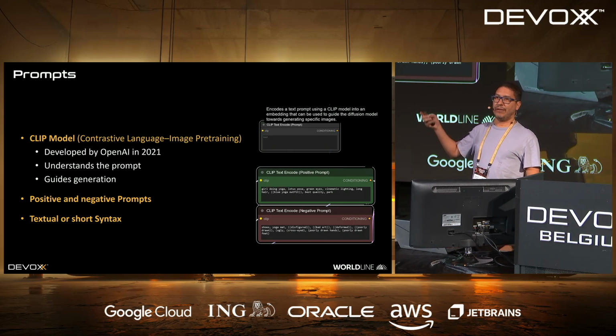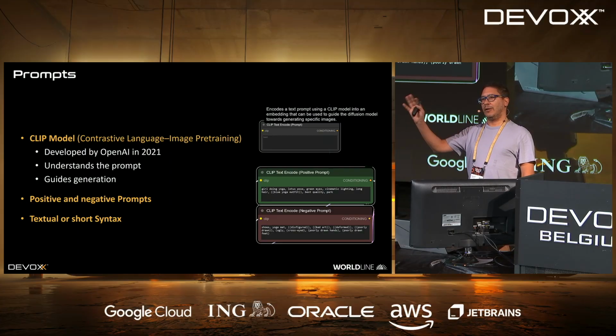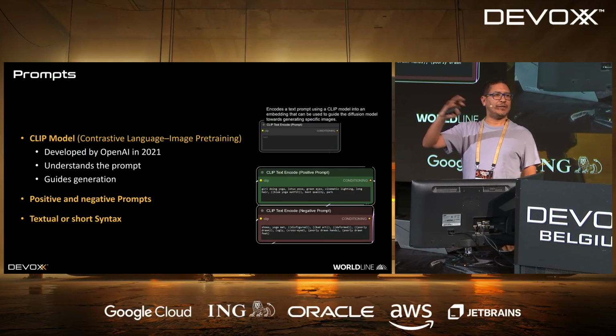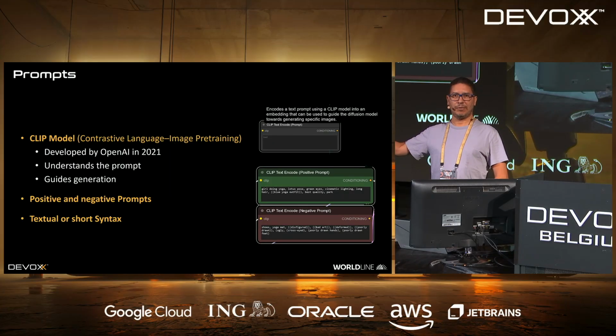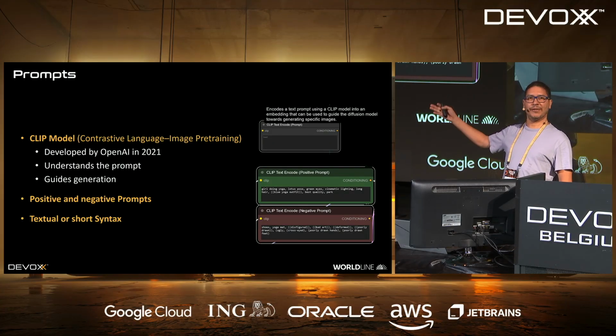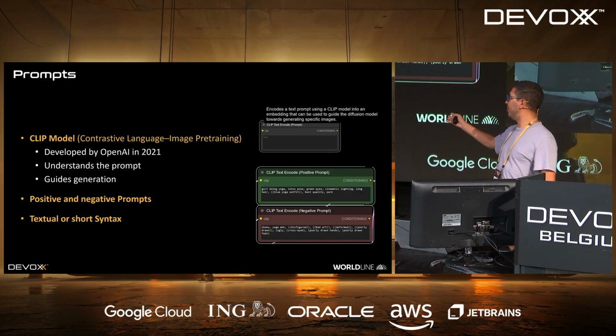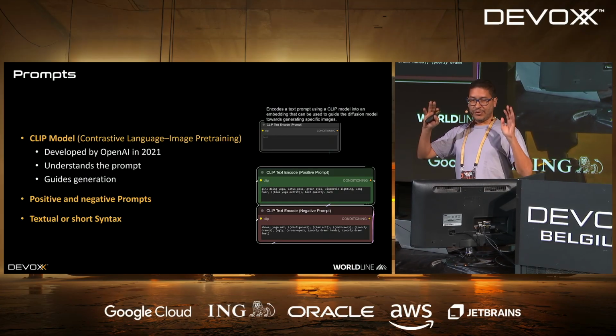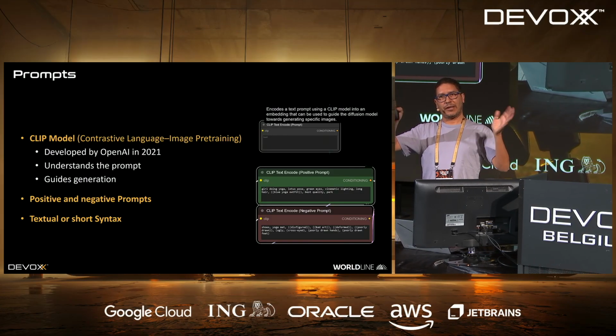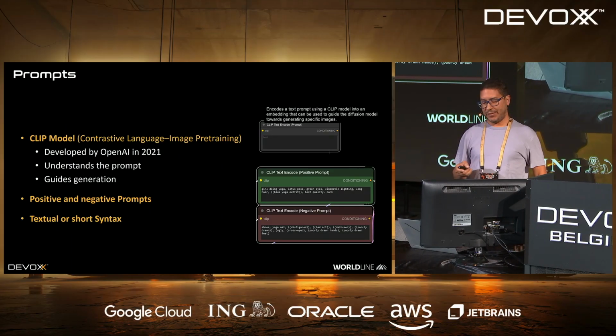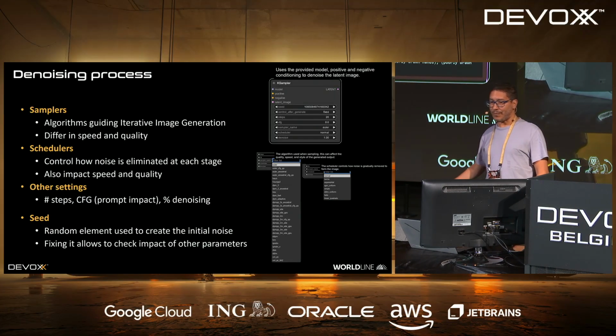And you can have a textual syntax where you make a sentence, I want a girl doing yoga, sitting cross-legged and with blue hair and so on. Or you can have a short syntax with keywords separated by commas. And you can put some weight with brackets around to put more weight on a specific keyword, right?